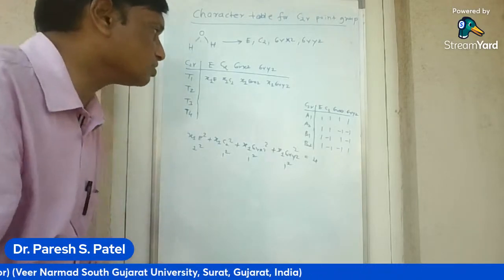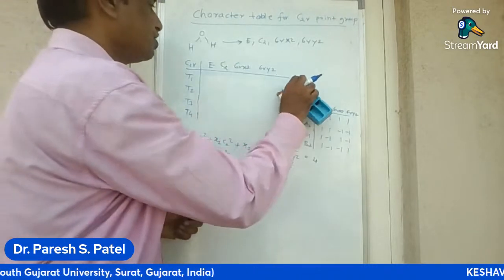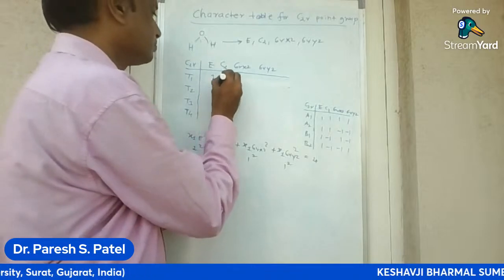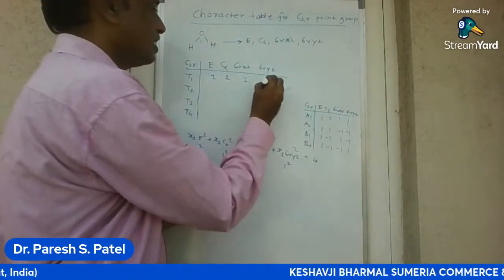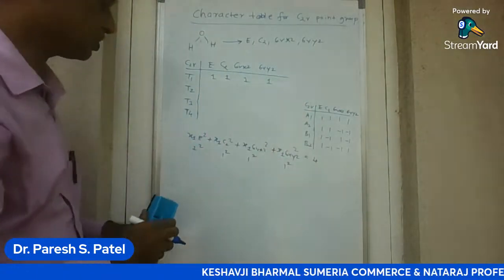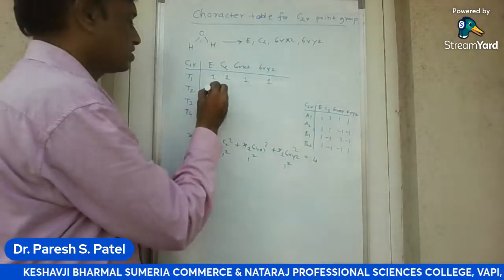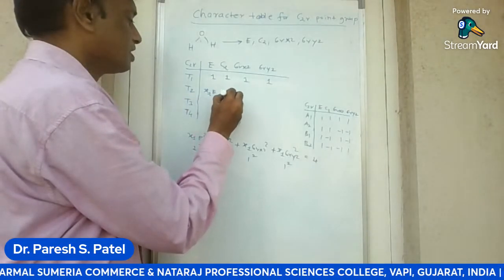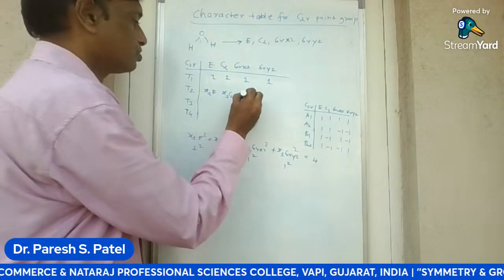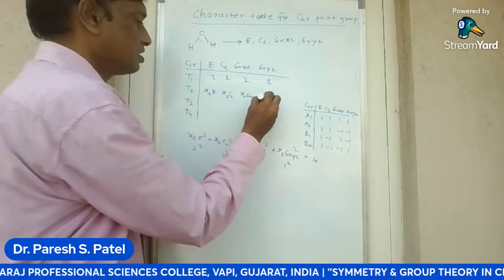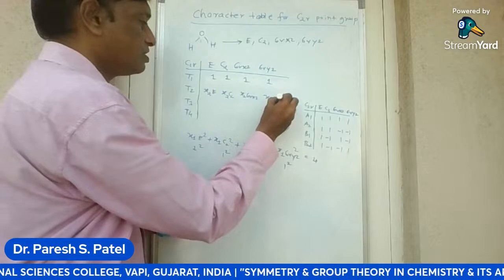Means this can be satisfied. So first irreducible representation 1, 1, 1 and 1. Next one. Suppose this one is character 2E, character 2C2, character 2 sigma vxz, character 2 sigma vyz.